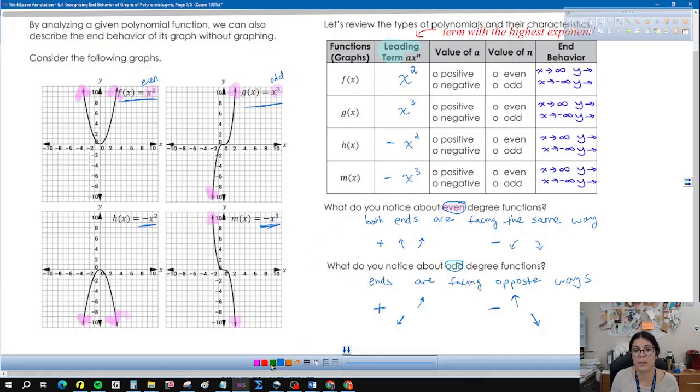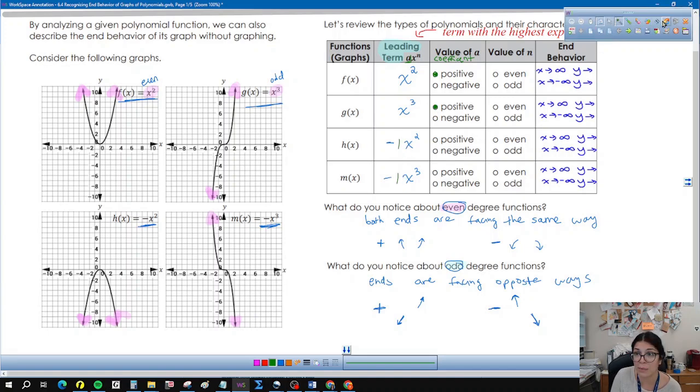And notice, the a value is the number in front. The a value is the coefficient. Let's write that down. Coefficient. If the coefficient is a positive number, and then here on h and m, the coefficient is a negative number.